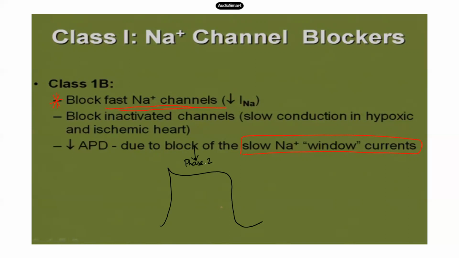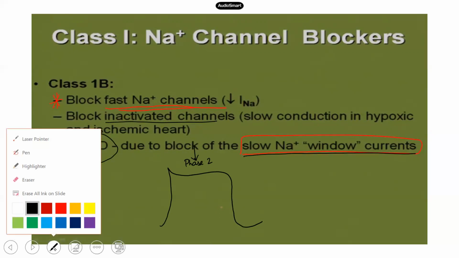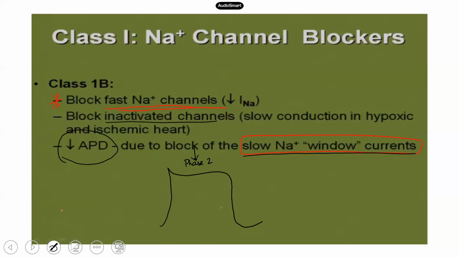So what they do basically is, apart from blocking the inactivated channels and blocking the slow sodium window channels, they decrease the action potential duration. Now you might have a doubt that, in the previous class we have learned that all the antiarrhythmics are supposed to increase the action potential duration, thereby increasing the effective refractory period.